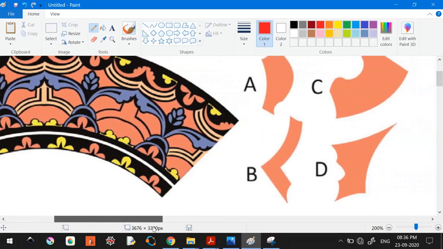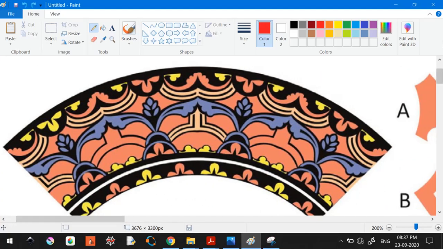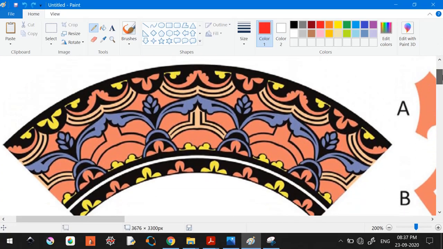For example, this particular straight line is attracting me. So I can see a straight line here, which means I will go to the given pattern and check where the straight line is lying.